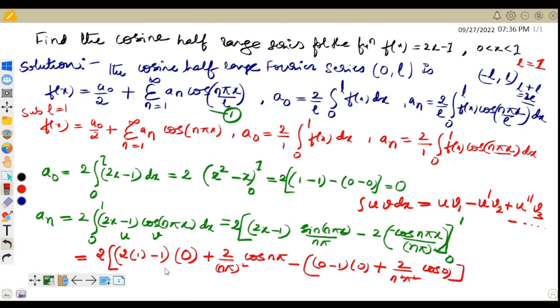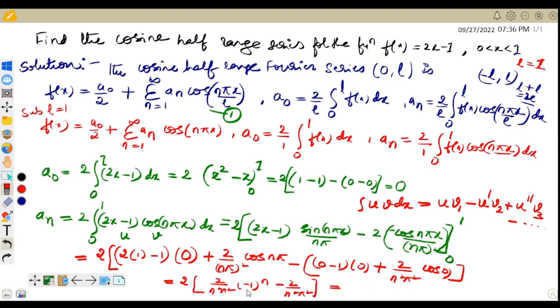So this is 0. You can write 2 outside. This is 2 by n square pi square into cos n pi, which is minus 1 whole raised to n, minus 2 by n square pi square into cos 0, which is 1.